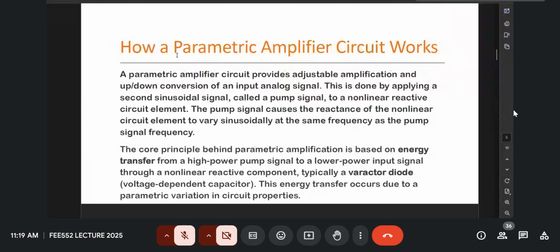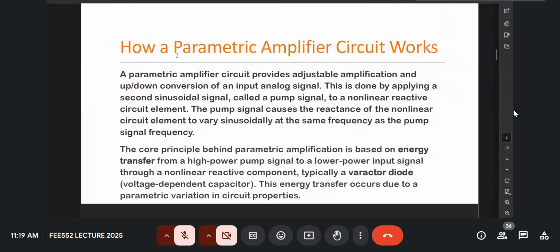So we are using the pump signal and the input signal to vary the parameters of the circuit, and the parameter of this circuit is the capacitive reactance, which is a nonlinear reactive component of this circuit, and it's provided by the varactor diode. The energy transfer occurs due to parametric variation of circuit properties.